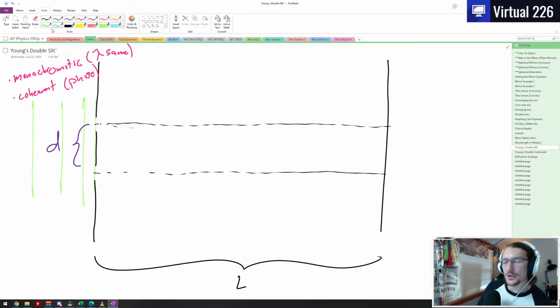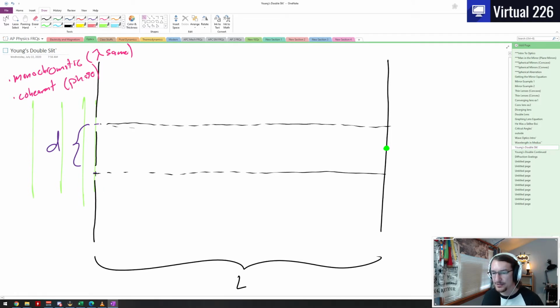Okay. So when this light hits, the light could enter this region through the top slit or the bottom slit. Let's have it enter through both of them, and let's have it strike the dead center between the slits. If the light does this, let's look at how far it has to travel.